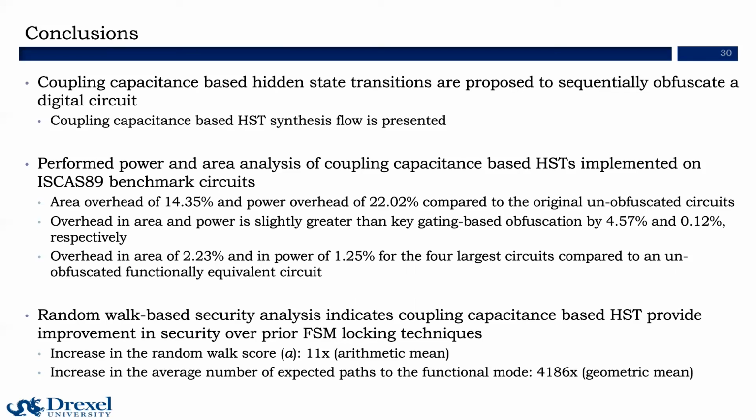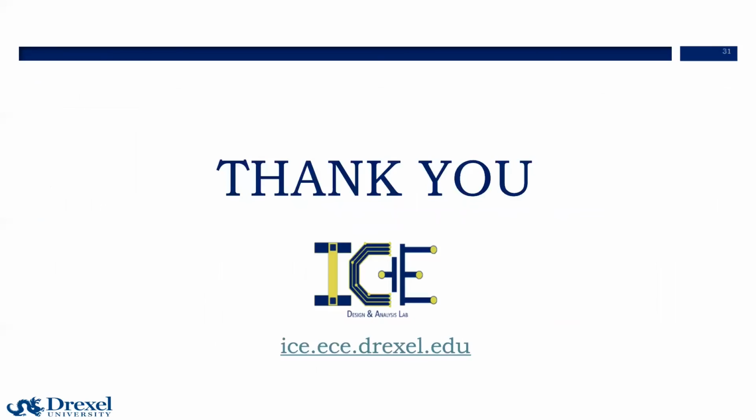And a random walk-based security analysis is done, increasing the random walk score by 11 times and the geometric mean of expected number of paths by 4,186 times. Thank you.